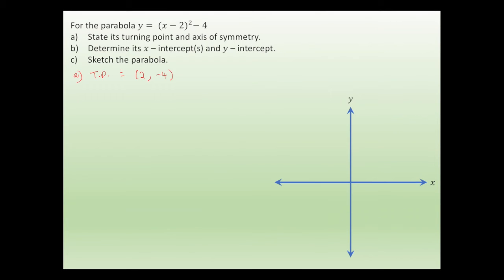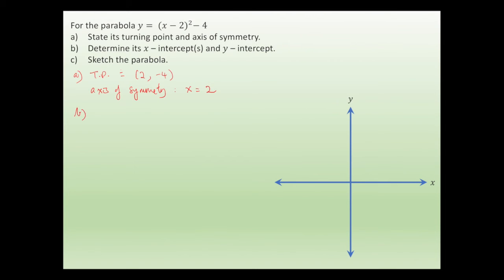You know that x minus 2 all squared is moved across to the right by 2. So the turning point has x equal to 2, and then move down by 4 is minus 4. And then the axis of symmetry is x equals 2.